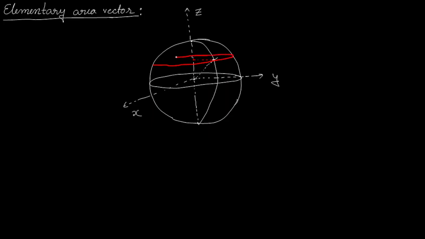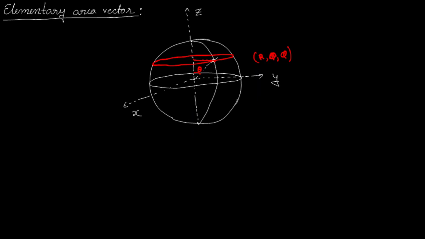Let's say this angle is theta, and if we take the projection of this r, it will make a phi angle with the positive x-axis. So the coordinates of this point will be r, theta and phi.